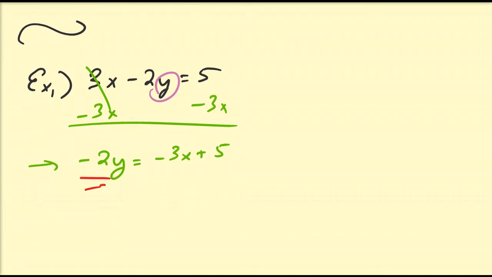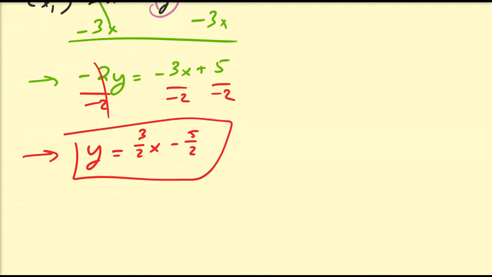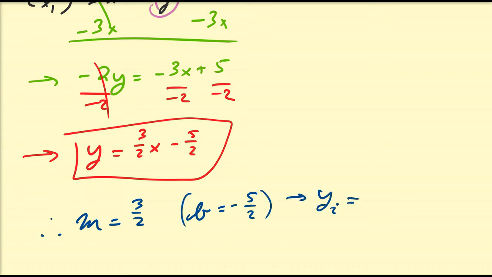And then I'm going to divide both sides by negative 2. So I get y is equal to 3 halves x minus 5 halves. If that's the case, then my slope is equal to 3 halves, so my line is going to be going up. And b, in this case, is negative 5 halves. This implies that my y-intercept is the point 0, comma, negative 5 halves.